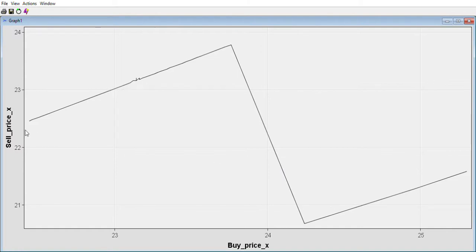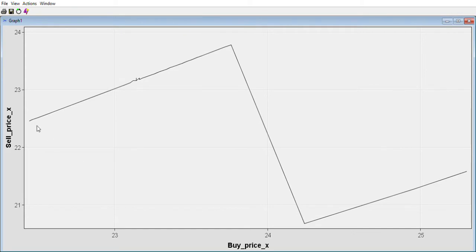And here we see that the plot is pretty over the period of time. This is the variation it shows: the selling price is range bound from 21 Malaysian ringgit to 24 Malaysian ringgit, and the buying price is range bound from 21 ringgit to 26 ringgit. Now, this is the correlation between sell and buy.